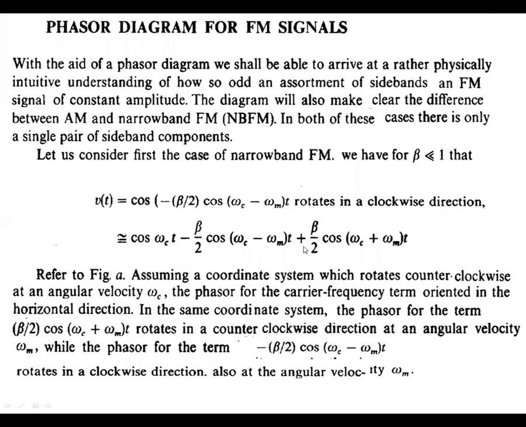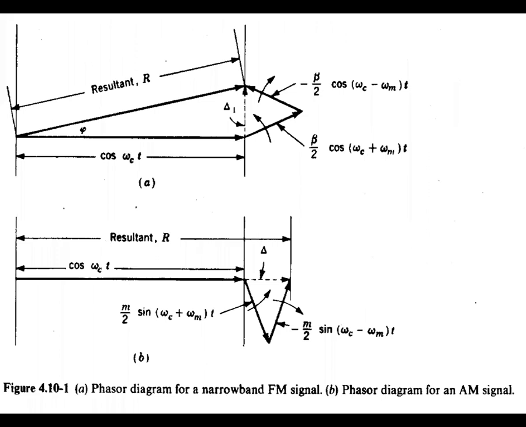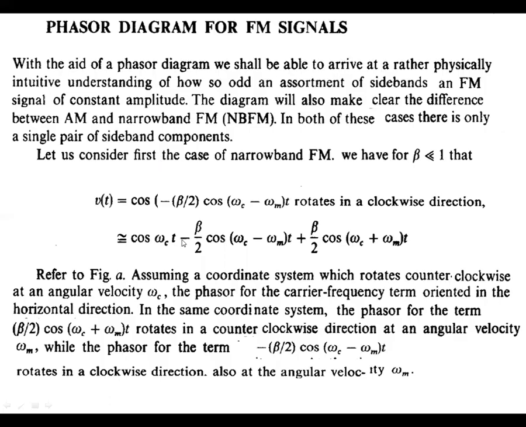The other two terms are the sideband terms: minus beta by 2 cos (omega c minus omega m) t plus beta by 2 cos (omega c plus omega m) t. Referring to this figure, the first one is the phasor diagram of narrowband FM, and the second is the phasor diagram of AM. In the phasor diagram of FM, you can see that cos omega ct is there, like this.